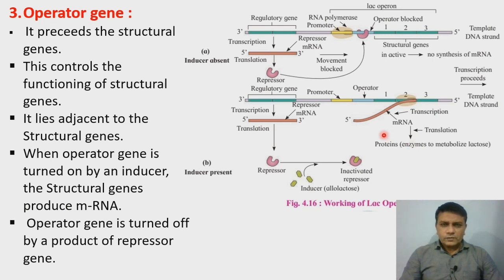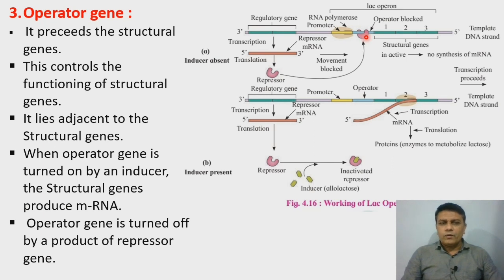Then here we can see the operator gene is turned off by the product of the repressor gene. When lactose is not available for metabolism, the repressor protein is produced on the regulatory gene, and this repressor protein binds to the operator site, and the operator site is switched off.